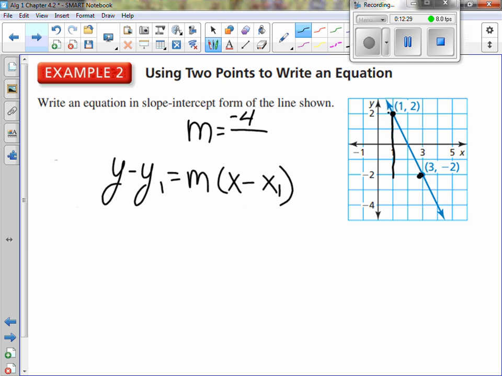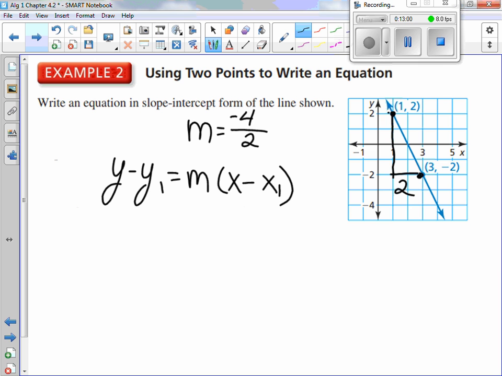Because slope is the same as rise over run. How much did it change in the y-axis and how much did it change in the x? Well, it went down 4, and down is always negative. So it decreased by 4. Now the run, how far did we go over? To the right, and right is always going to be positive.